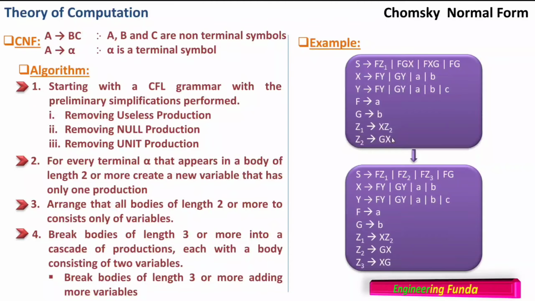So why should I use another variable and add some complexity to the grammar? I can use this production as well. But if we look at XG, I don't have such a production. So a new production Z3 tends to XG is added, and this production S tends to FXG becomes S tends to FZ3 and Z3 tends to XG.